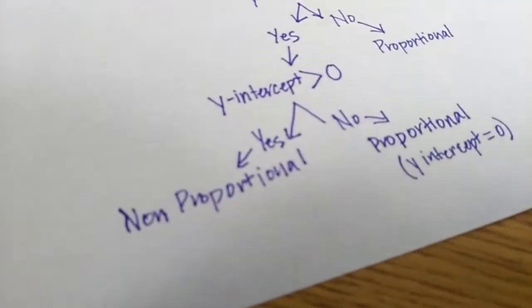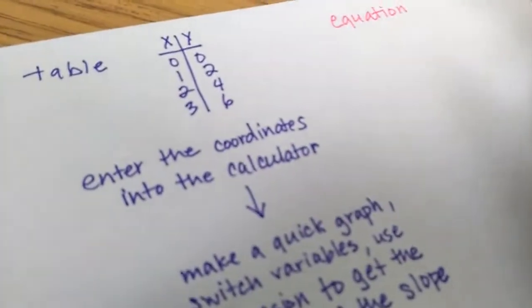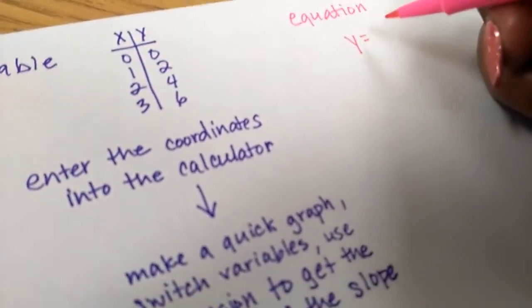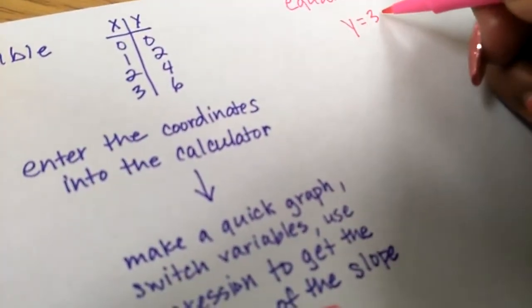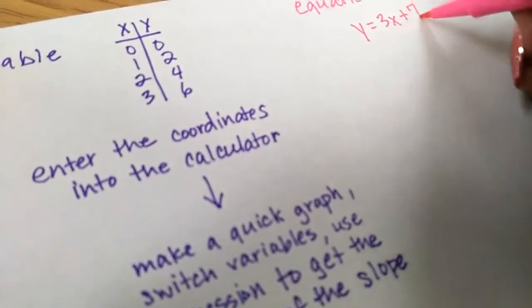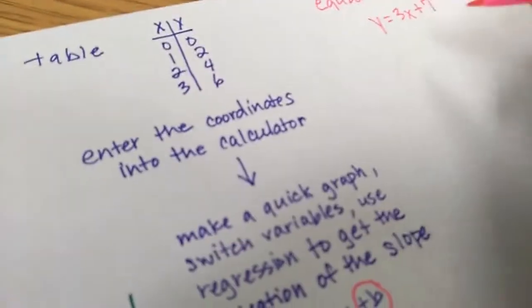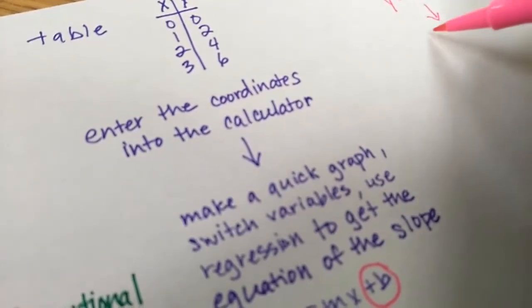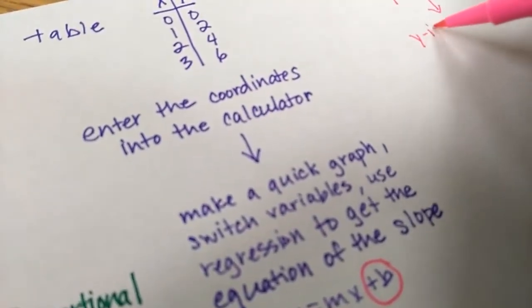Finally, let's talk about how to find it from an equation. Okay, let's say I have the equation y equals 3x plus 7. Ask yourself, is there a y-intercept?